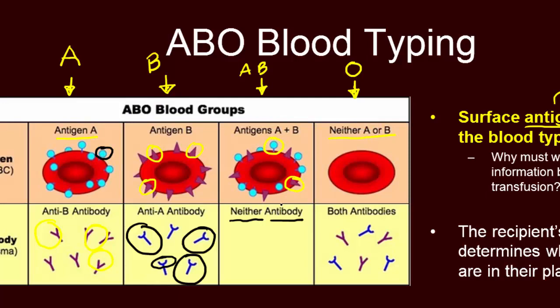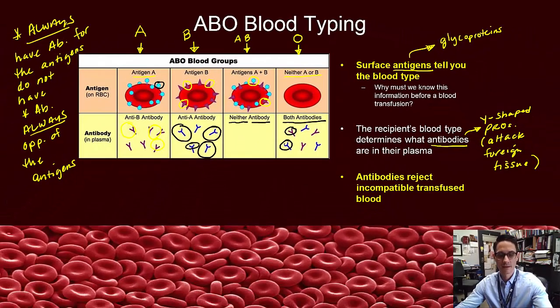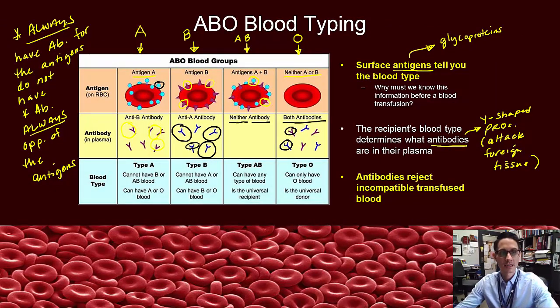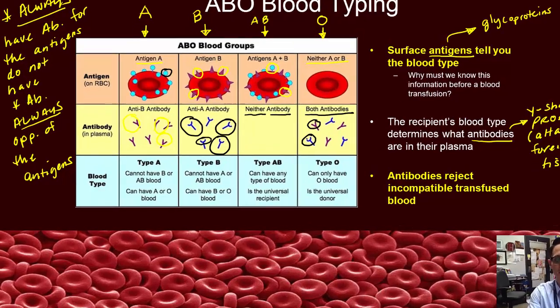So they have both antibodies. And you can see here they have antibodies against the B antigen, and they have antibodies against the A antigen.